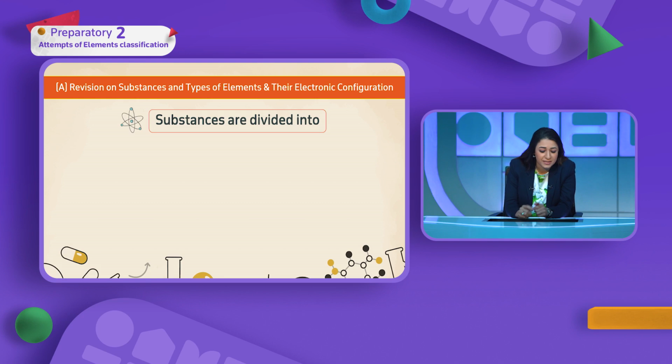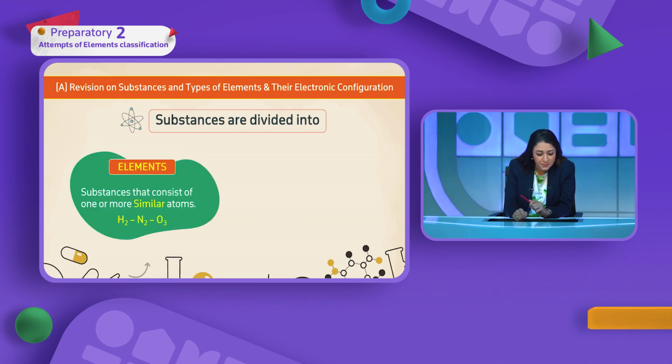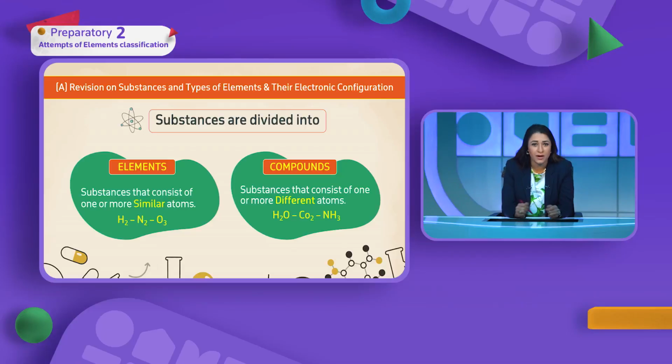We took last year that substances are divided into elements, which are substances that consist of similar atoms like oxygen and oxygen, nitrogen and nitrogen. And also we have compounds, which are substances that consist of one or more different atoms.